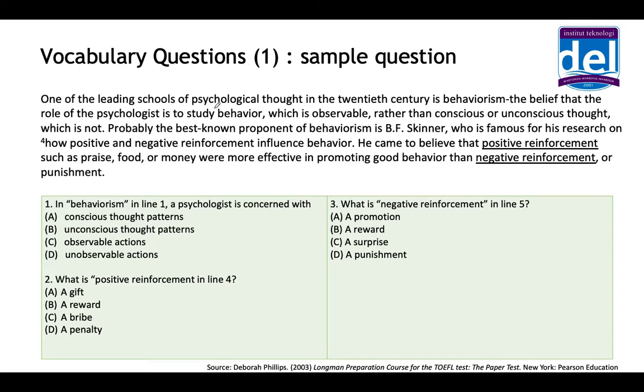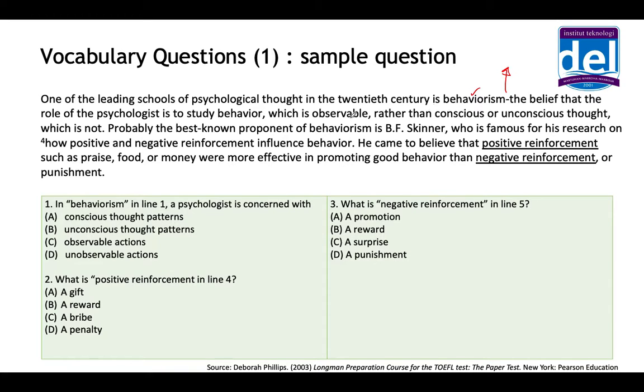"One of the leading schools of psychological thought in the 20th century is behaviorism." So the word behaviorism is here. And with the dash after behaviorism, this is the structural clue: the belief that the role of the psychologist is to study behavior which is observable rather than conscious or unconscious thought, which is not.